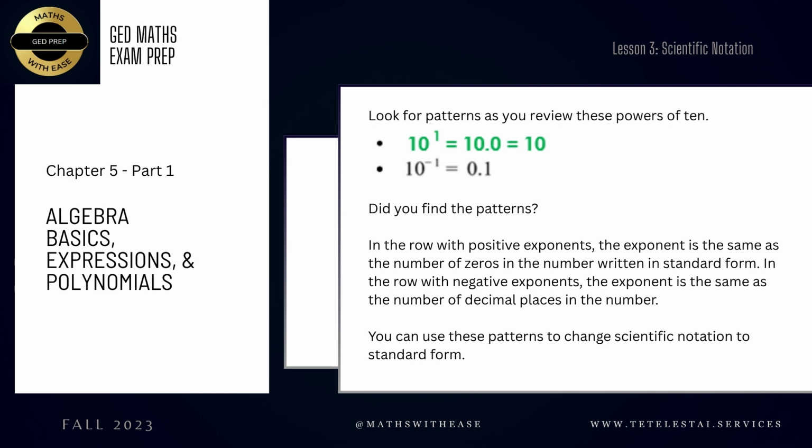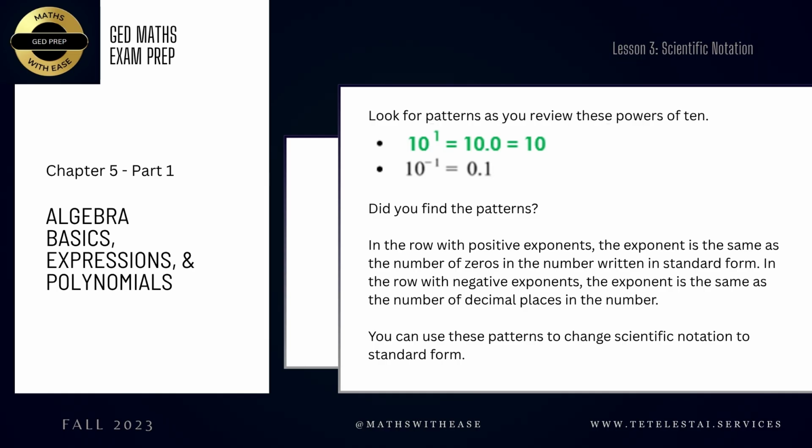So it's telling you to look for patterns in powers of 10. In the row with the positive exponents, the exponent is the same as the number of zeros written in standard form. Here, the exponent is 1, and there's only 1 zero.